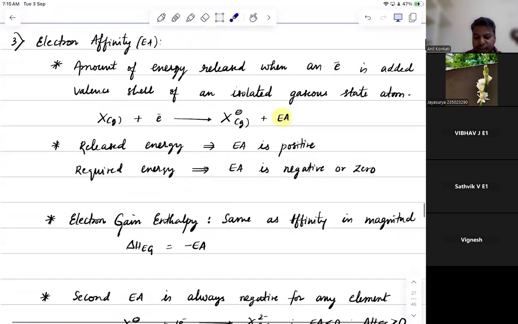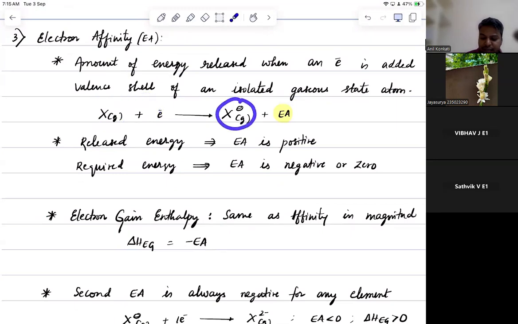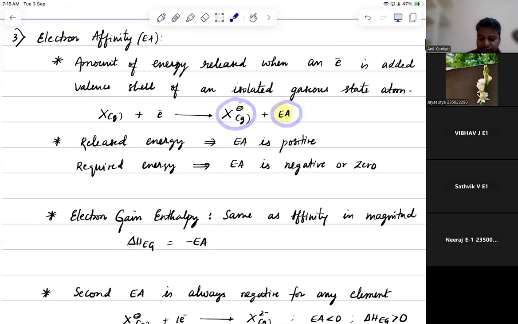Notice the next term, which is electron affinity. Electron affinity is about the amount of energy released when one electron is added to the valence shell in its isolated gaseous state atom. So if X is an element on which an electron has been added, then that will become X minus plus electron affinity.